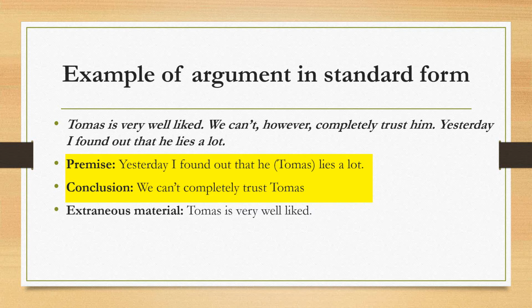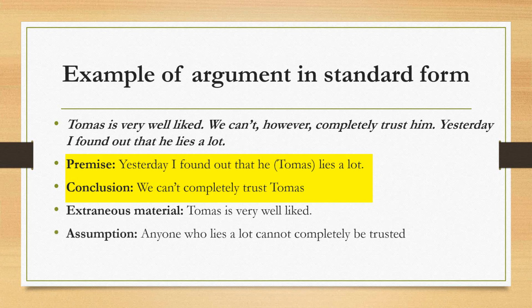In order to reach that conclusion, the person who made the argument must have assumed or taken for granted that anyone who lies a lot cannot be trusted. Thus, our assumption can be expressed as anyone who lies a lot cannot completely be trusted.